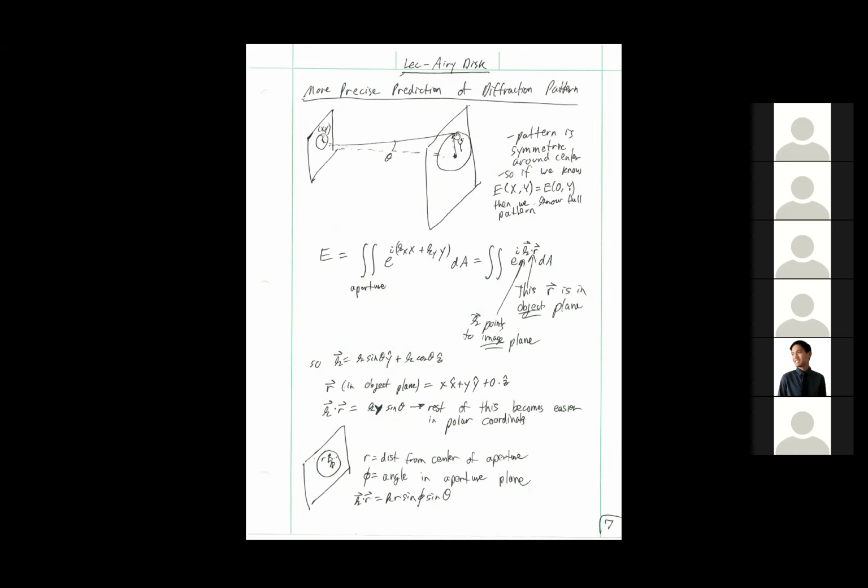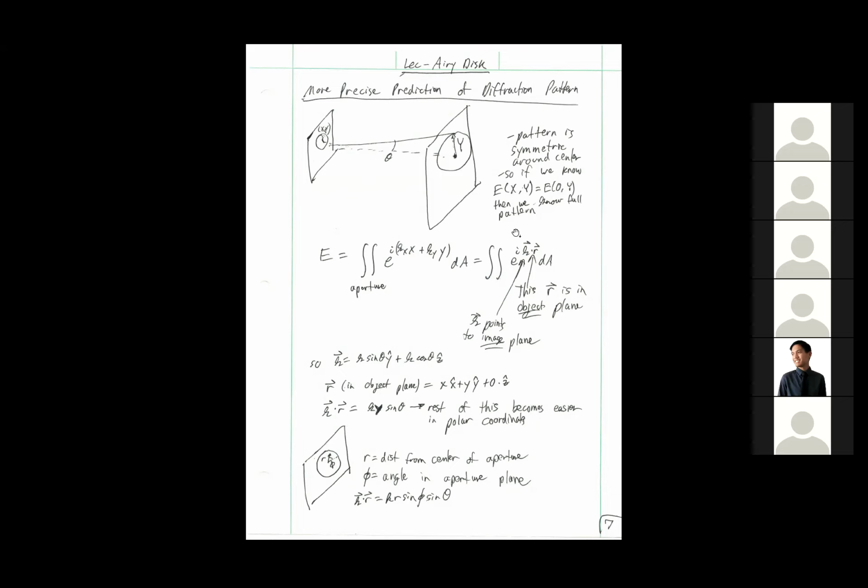Since we're only looking at things that fall along this line on the detector, we're only looking at k vectors that have non-zero y and z components, and we're assuming that the x component of the k vector is 0 because we're not worried about lateral deflections in the plane. So k is k sine theta y hat plus k cosine theta z hat. And the r vector in the object plane is x times x hat plus y times y hat plus 0 times z hat. So k dot r is k times y times sine of theta.